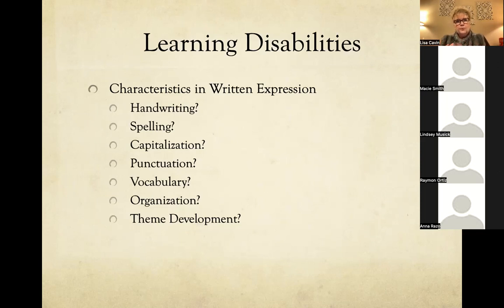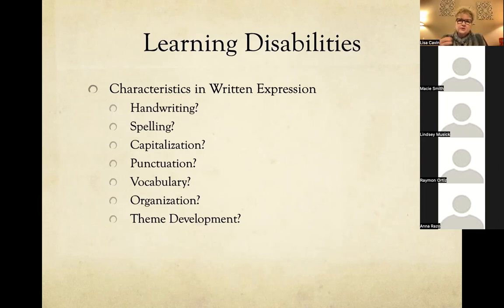So what kind of vocabulary are they using? How do they organize their thoughts? Can they put together a paragraph with a theme in it? If you've taken the STAR test when you were coming up through school, those are the things the evaluators are looking for on the writing portion, those thematic elements.